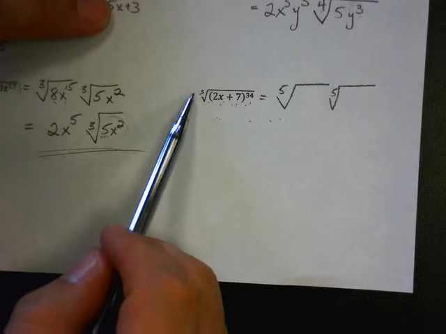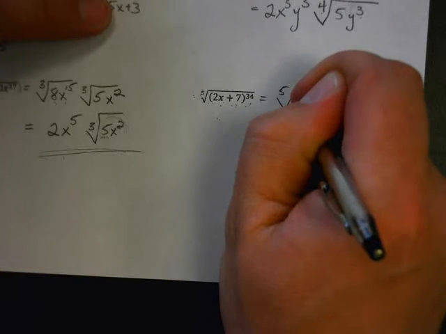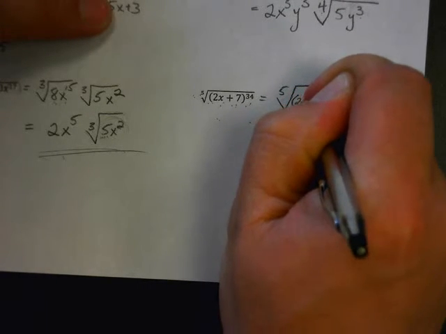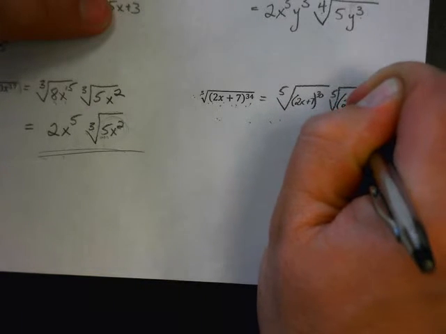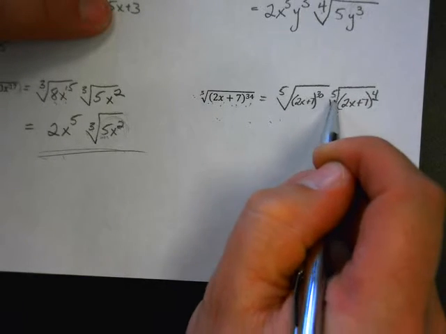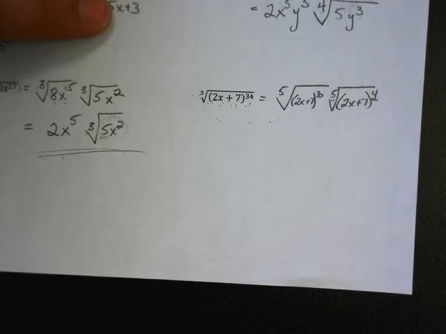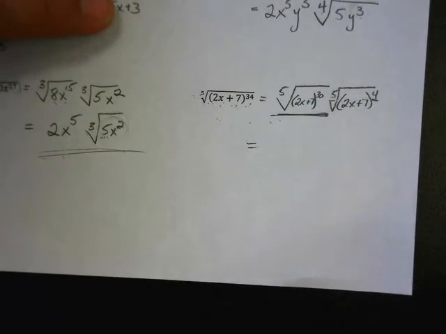What's the largest multiple of 5 that's in 34? 30. So this would be 2x plus 7 to the 30th. And then how many are left over? 2x plus 7 to the 4th. Notice how that power has to be less than the index. Now we can simplify this one.